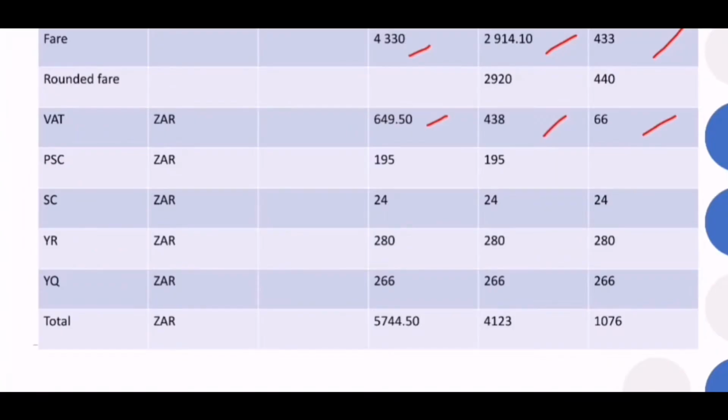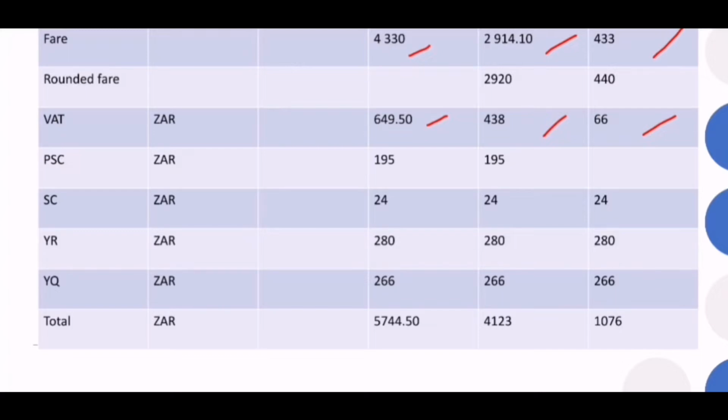So PSC then gave us 195 for the adult, 195 for the child, and then for the infant, when we went into the rules, the PSC said we must exempt the infant, so we don't charge PSC for the infant. Then you have your SC tax, that is 6 rand per departure from any South African airport.